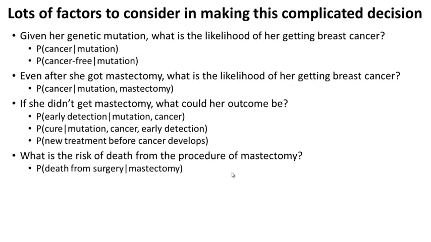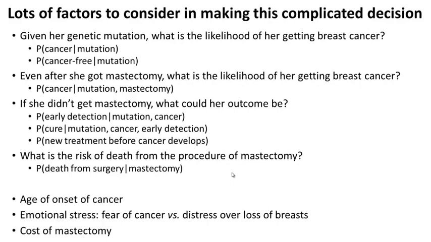Another factor to consider is that no surgery is 100% safe. What is the probability of death from the breast removal surgery? Other factors that are more important for some people than for others include at what age the cancer may develop. Which emotional stress is worse, the fear of cancer or the emotional distress over loss of breasts?